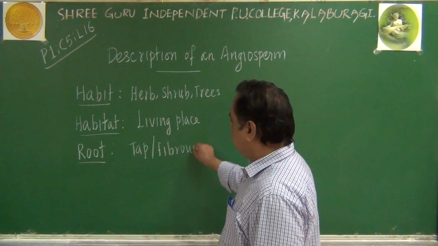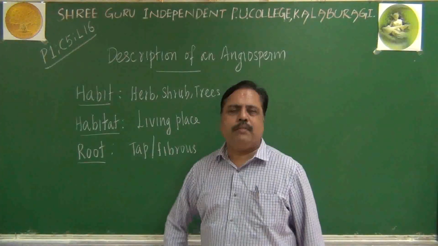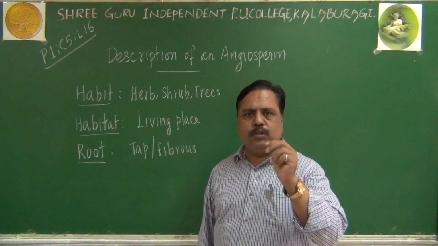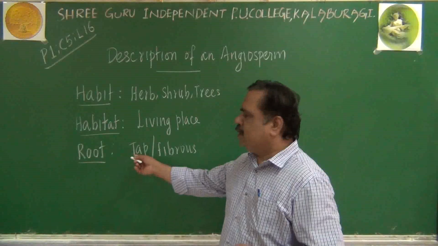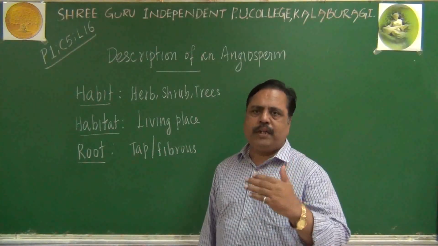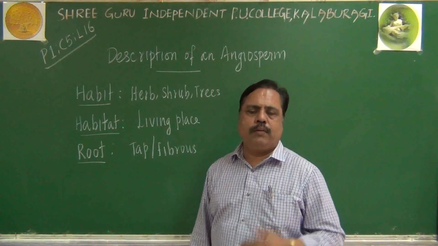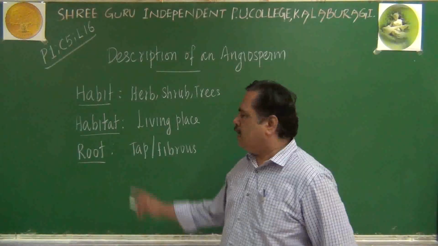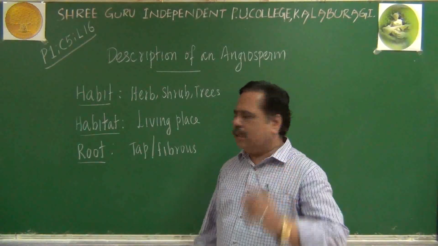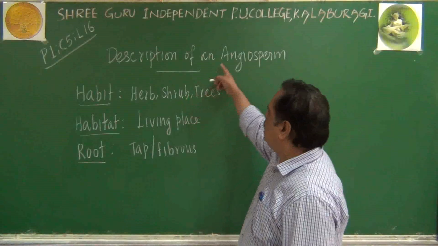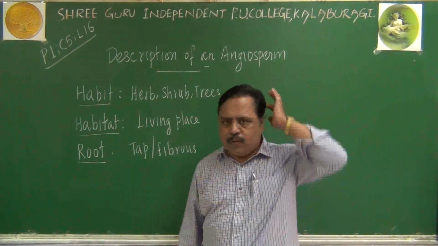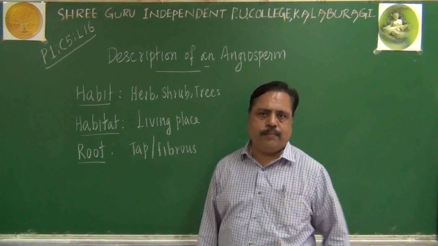In addition to that, we can describe whether it has root nodules, or whether it is storing food as a tuber, something like that. Regarding modification, we have seen some 15 to 20 terminologies. About them, any one point you can write. For that particular angiosperm, what type of root it has, that we have to write.